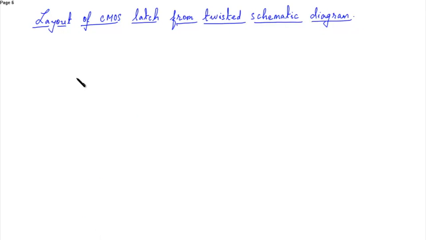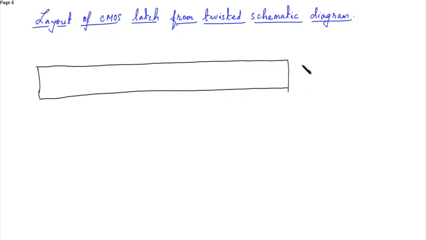So at first, from the previous schematic, which was drawn from the point of view to use a single N-well and a single P diffusion layer, with reference to it, we'll take a single N-well and a single P diffusion layer.